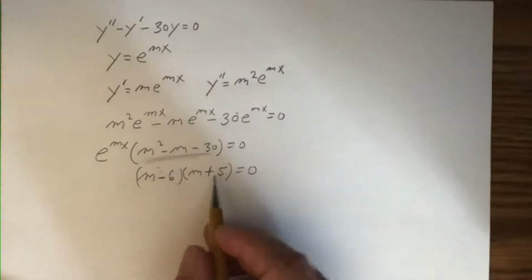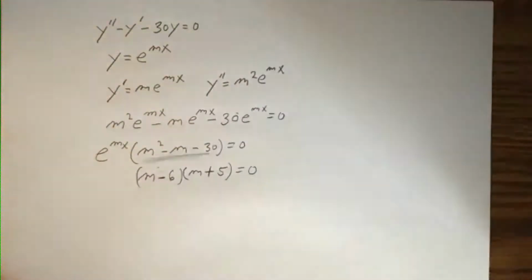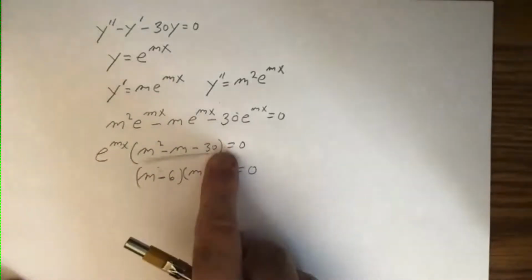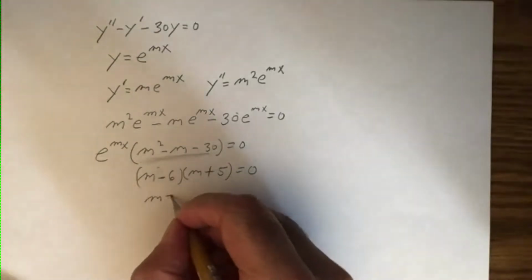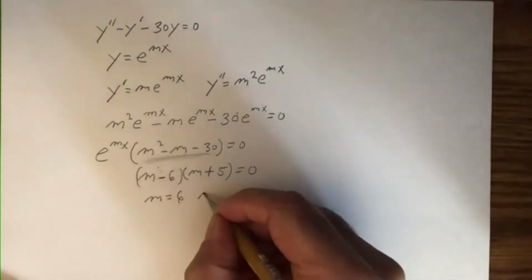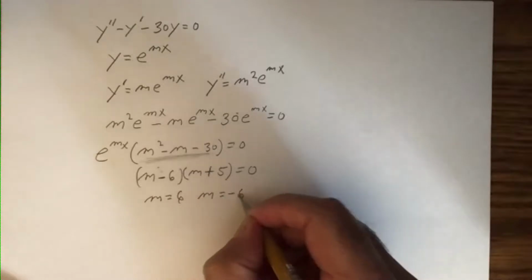When I factor this, like I said, to solve differential equations with constant coefficients, you need to know how to factor, and we need to know the quadratic equation, because sometimes you may not be able to factor this. Okay. So this is telling me that m is equal to 6 and m is equal to minus 5.